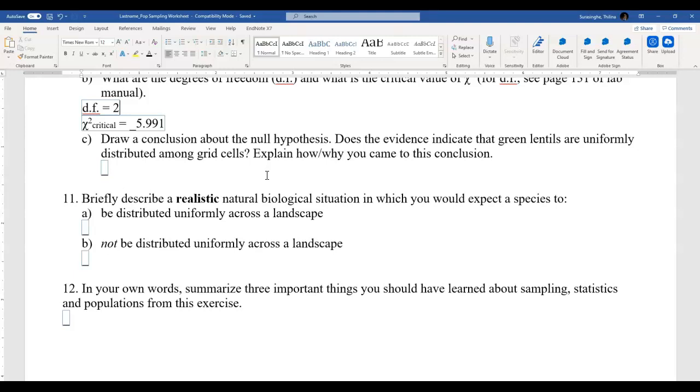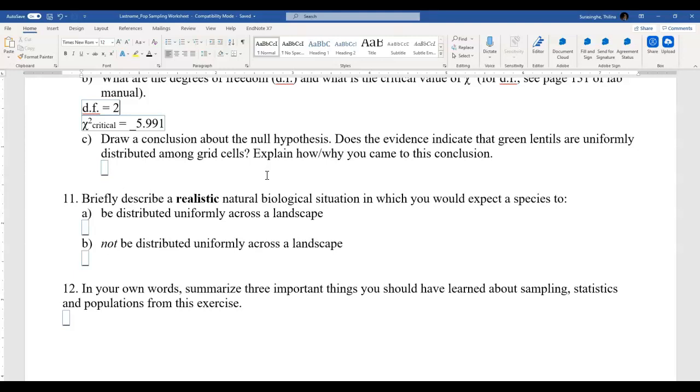Think about any species that is territorial. Cliff nesting birds, for example seagulls, swallows. Any cliff nesting bird, any group nesting bird, any colonial species is actually non-uniform in distribution.